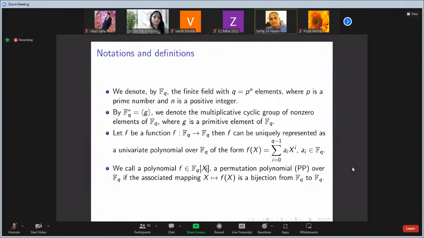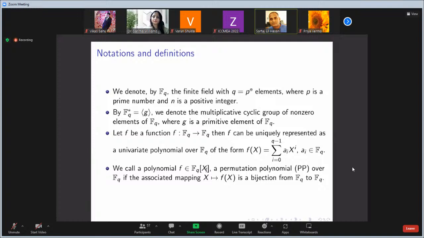Now coming to a very special class of polynomials over finite fields, generally known as permutation polynomials, and they are very useful not only in cryptography but also in coding theory and other combinatorial objects. So what is a permutation polynomial?